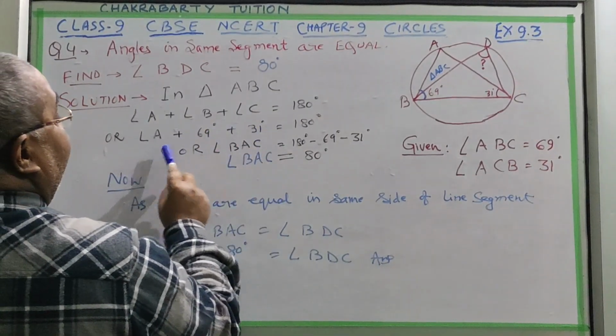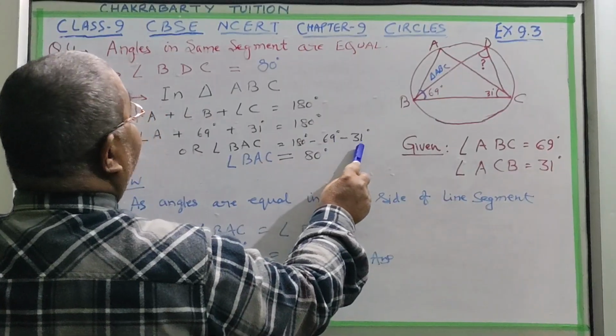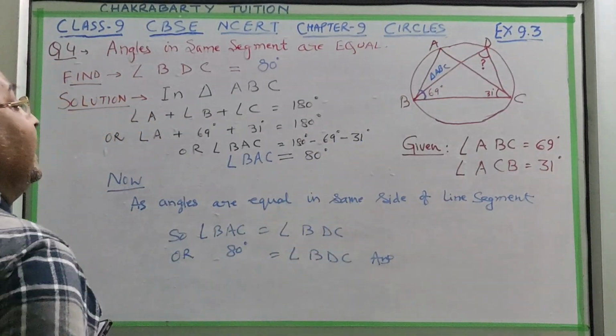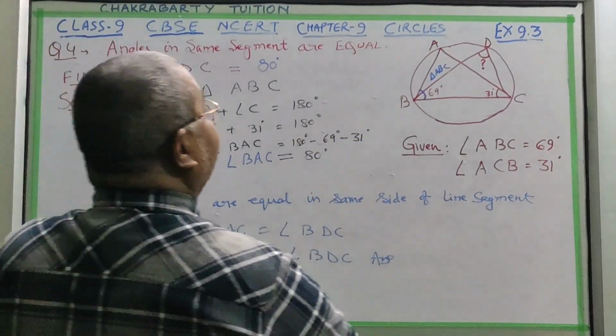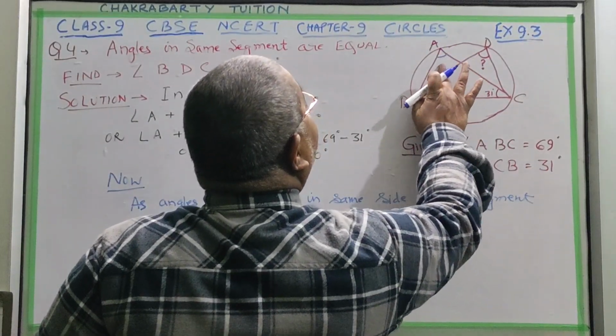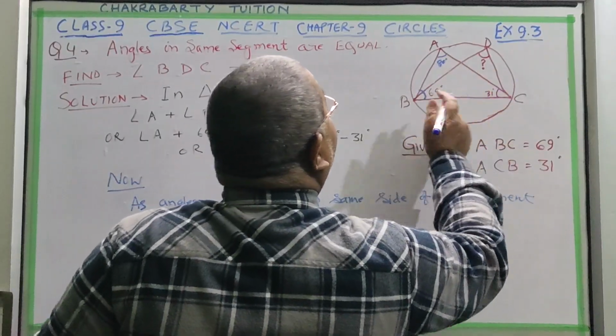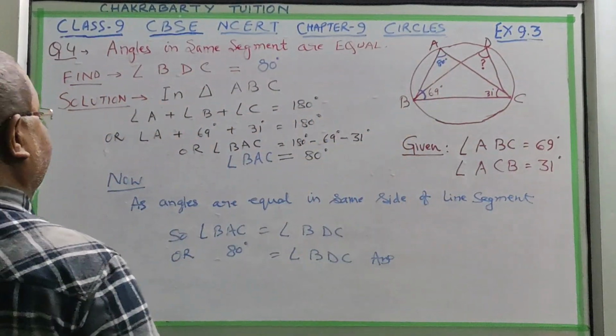So angle A will be equal to 180 degree minus 69 degree minus 31. So it comes to 80 degree. It means your angle A will come as 80 degree. Okay, and all the sum will be equal to 180 degree. Angle sum property it is.